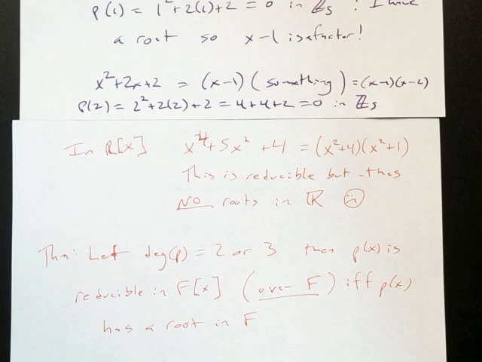If I have a polynomial of degree 2 or 3, then it's reducible in F[x], reducible over the field F, if and only if it has a 0. And this is my counterexample as to why you can't do this for all degrees. It only works for cubics and quadratics. As soon as I get to degree 4, it's possible to reduce without having any roots.